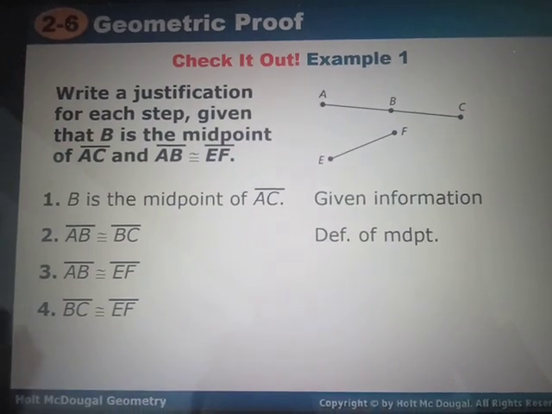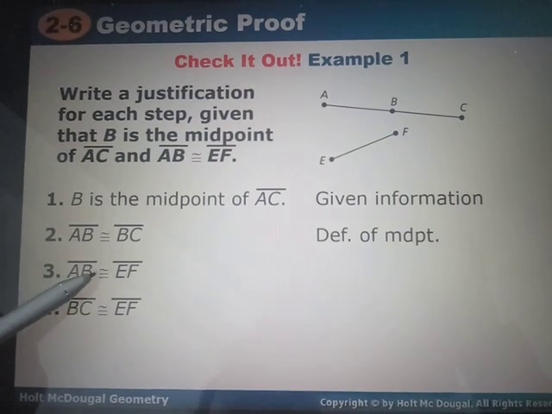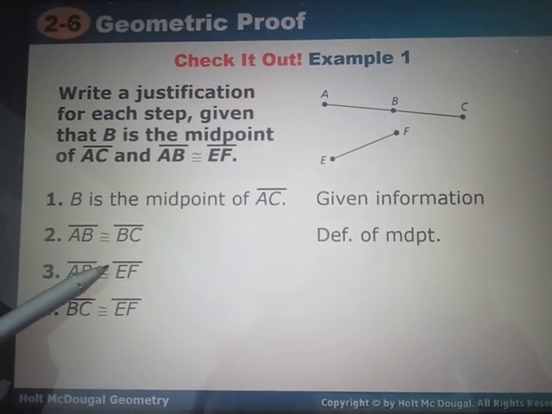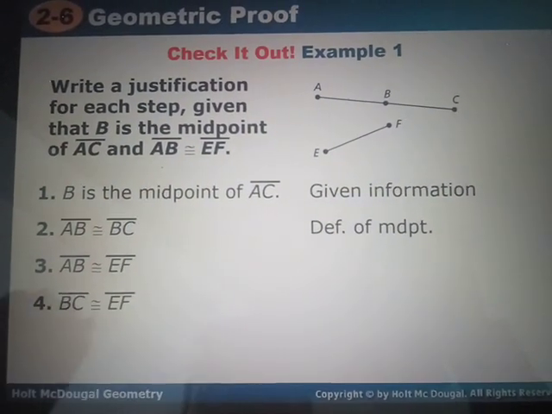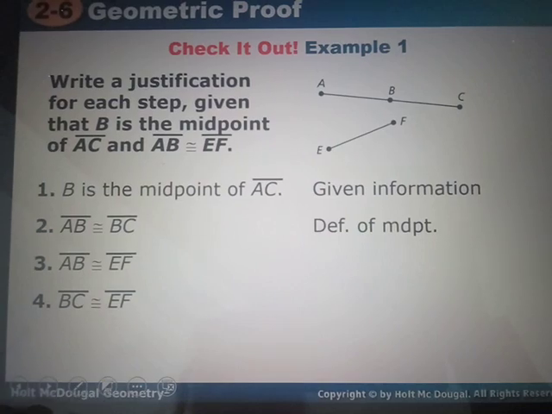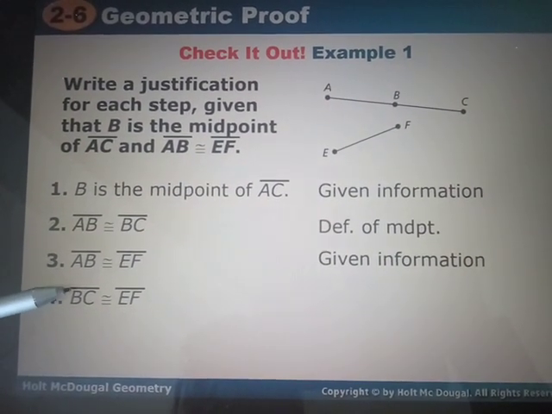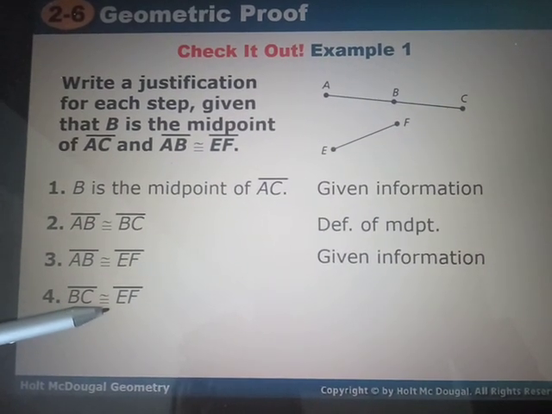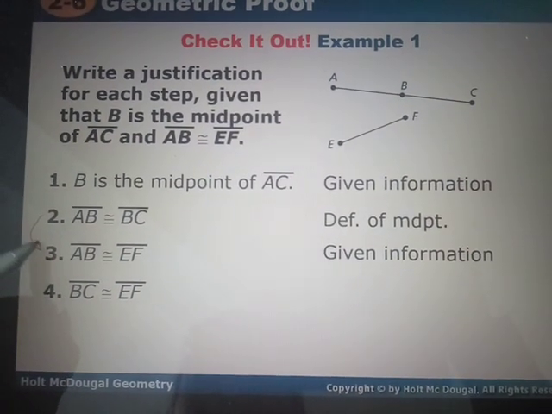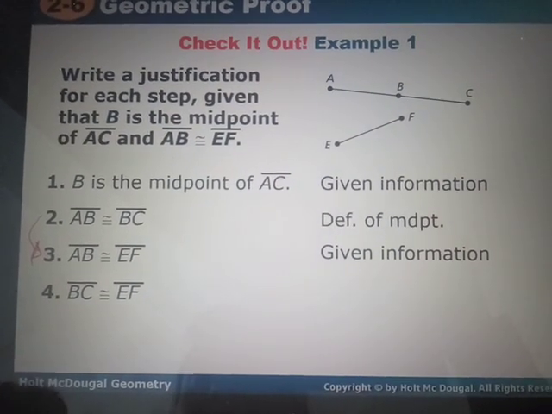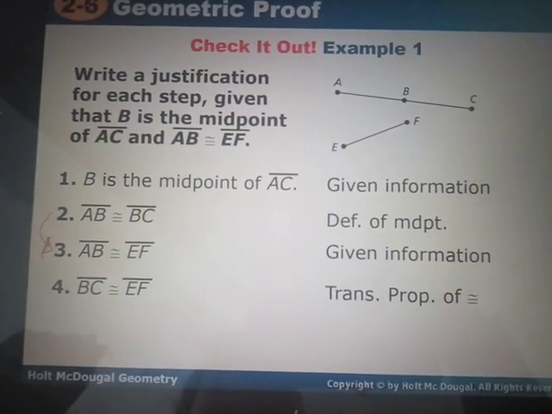Okay, the line segment AB is congruent to the line segment EF. From where do you get this? It's given. The line segment BC is congruent to the line segment EF. From where? Transitive property of congruence.